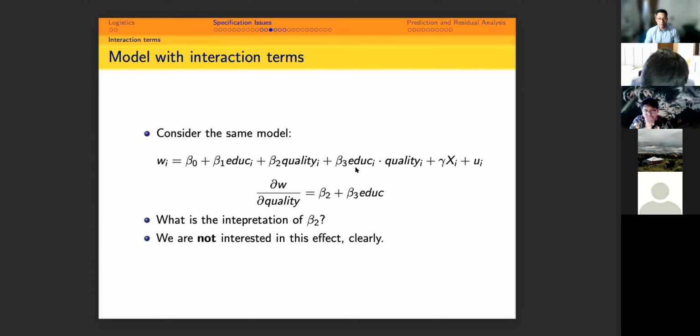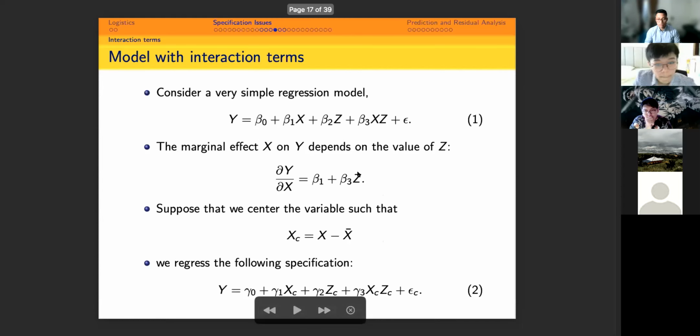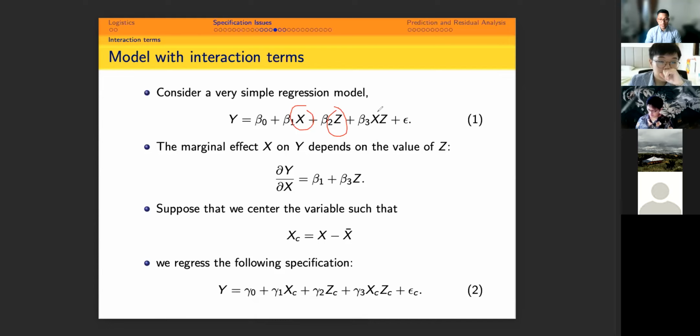What do we need to do? Well, there is a solution for that, and this is the solution that we care about. Again, just to go back to the original equation, suppose that we have a general equation where we regress the dependent variable y on variable x, variable z, and then an interaction term of x and z. We're interested in the marginal effect of x on y, and we can see that the marginal effect of x on y depends on the value of z.